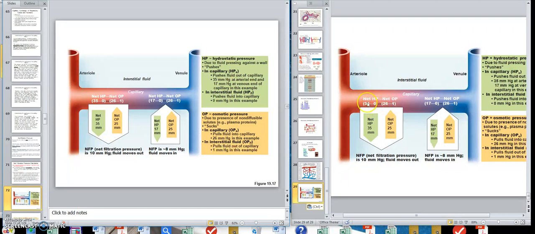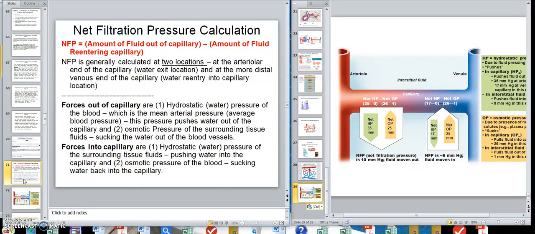35 is the water pressure coming out. 1 is the sucking pressure. My opposition pressure would be the pressure of the water trying to come back in. And we're saying that's a 0 for right now. Then, what's the pressure trying to come in? Okay? 0 for water, but 26 for osmotic pressure.